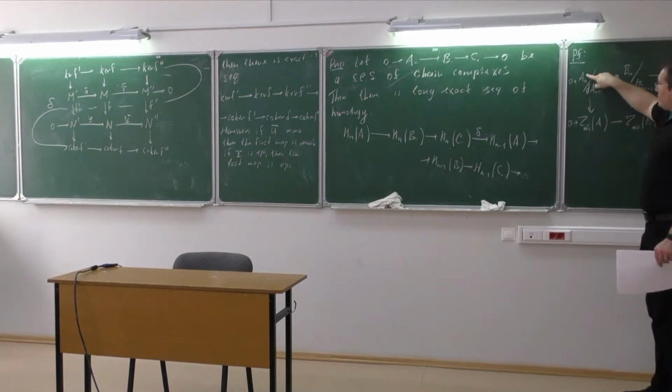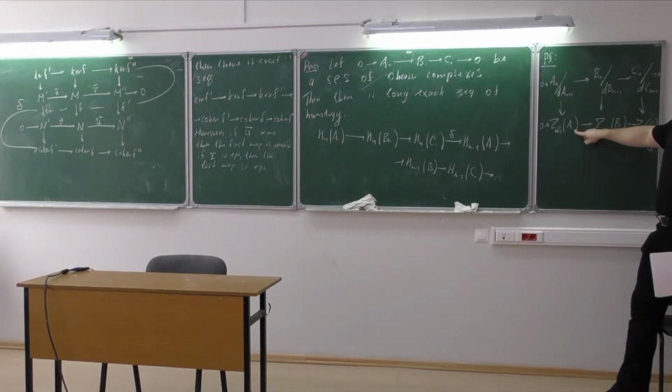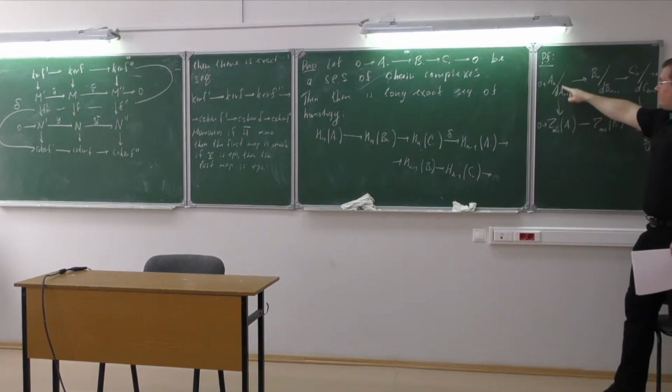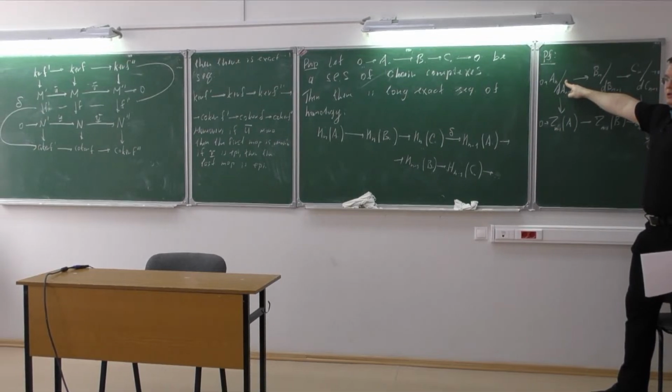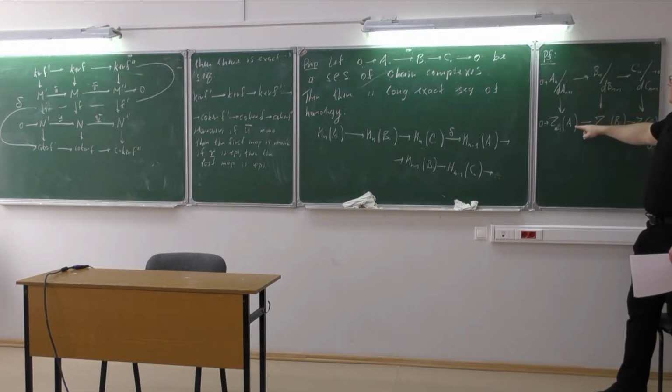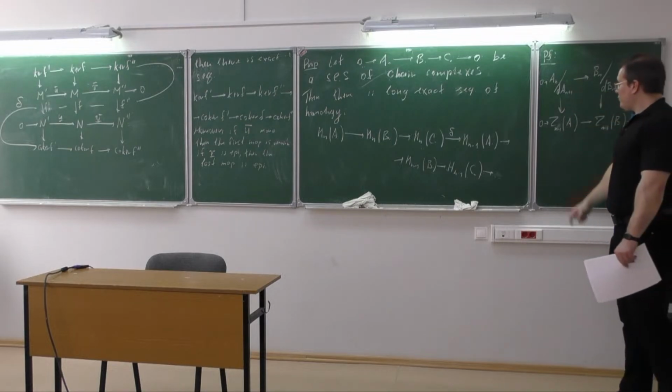There is a differential from An to An-1, right? But if I go to this quotient, the map is still well defined, because d squared is equal to 0. So there is a map on this quotient to An-1. But the image of this map is what we call boundaries, and the boundaries are a submodule in the cycles. So then we have a map to the cycles. That's an obvious map, right?